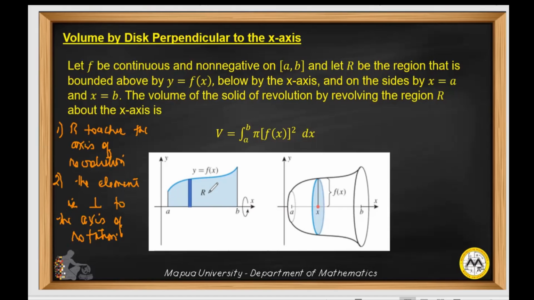We let the region R be the region bounded above by y equals f of x, this blue curve, below by the x-axis, on the left by x equals a, and on the right by x equals b.